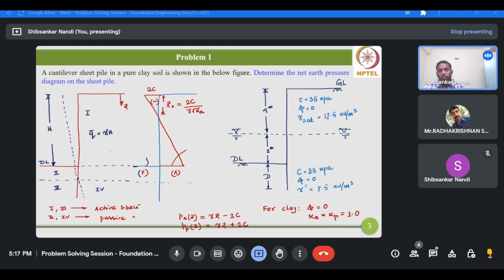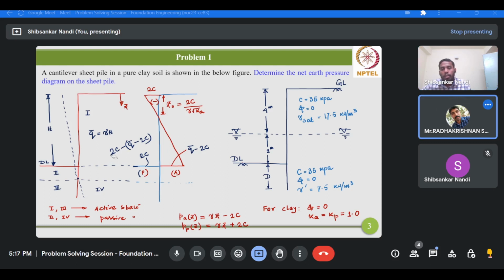It will be 2C from the passive side, and from the active side it is q bar minus 2C. So 2C minus (q bar minus 2C), therefore 4C minus q bar. This is the net earth pressure at the dredge level.